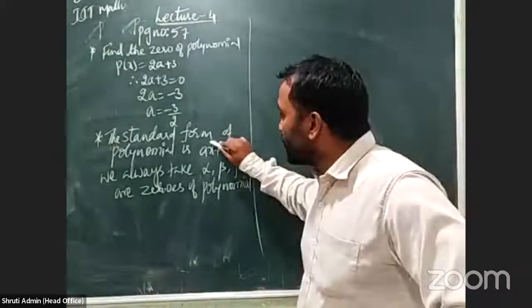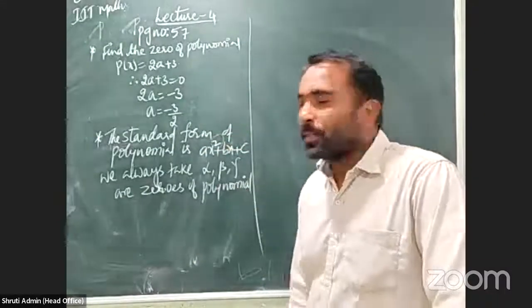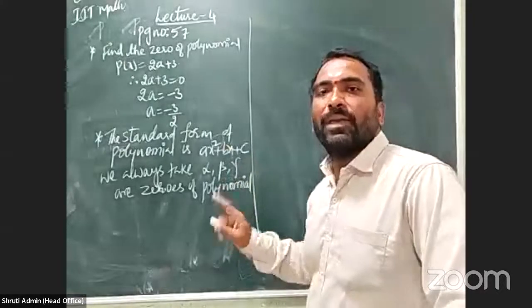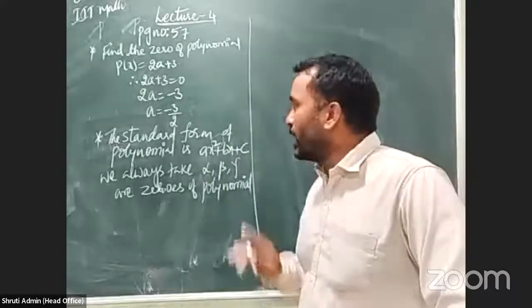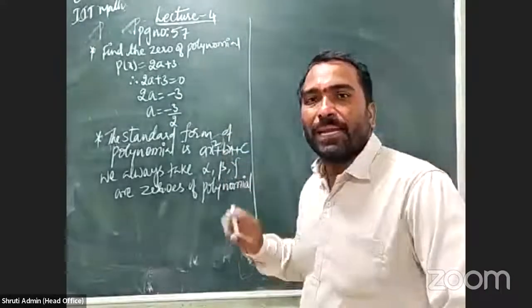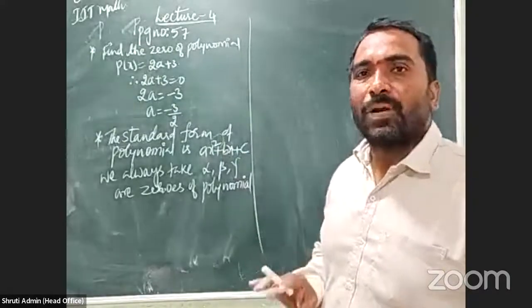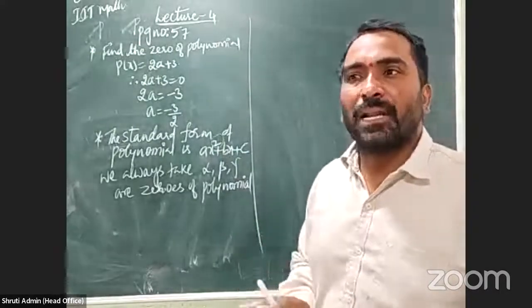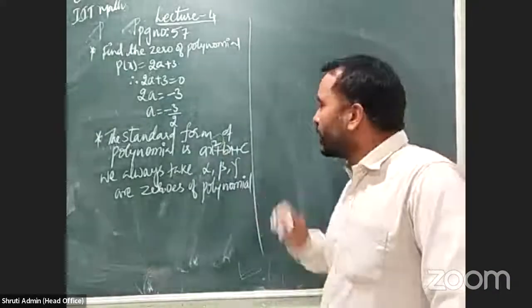Here the highest degree of the given polynomial is 2, so we call it a quadratic polynomial. And for a quadratic polynomial, we always take alpha, beta as the zeros. Zeros are nothing but the roots of the given polynomial.